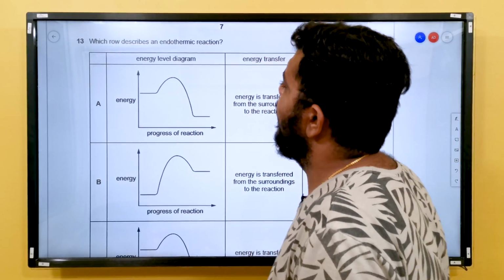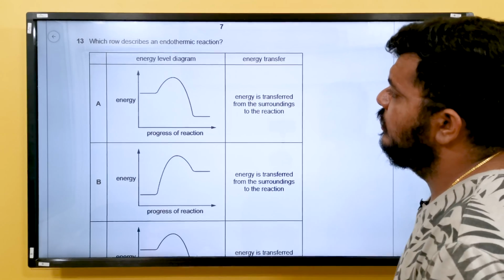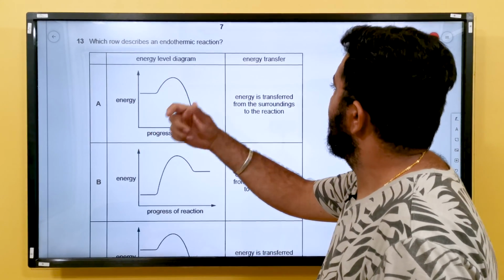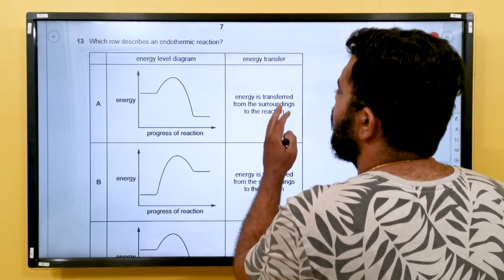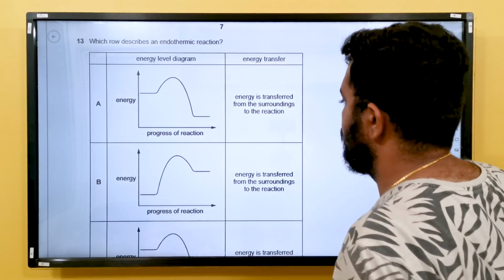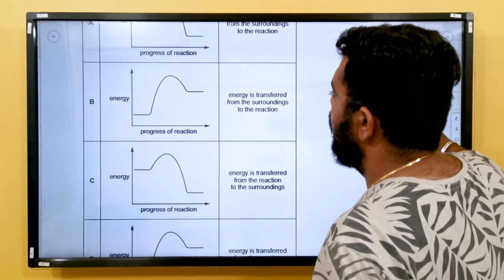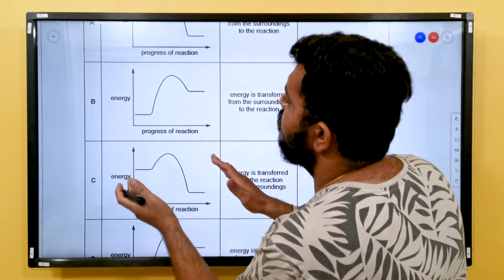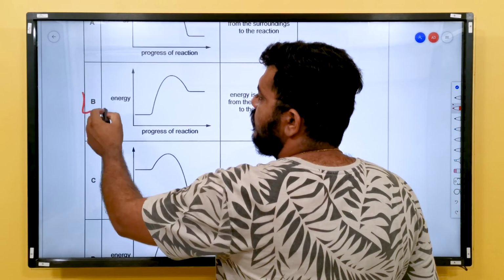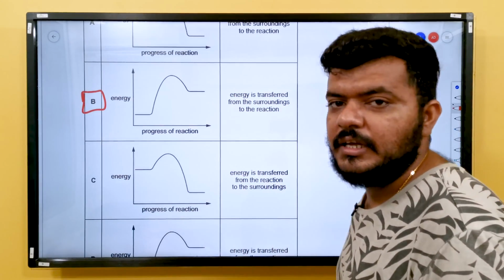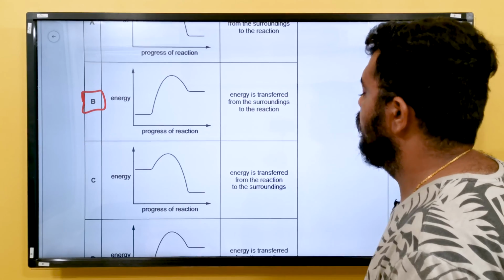Which row describes an endothermic reaction? A, energy level diagram, and we have energy transfer. Okay, what's happening here? Energy is transferred from the surroundings to the reaction. No. B, energy is transferred from the surroundings to the reaction. Okay, actually this will be our correct answer because this is true.